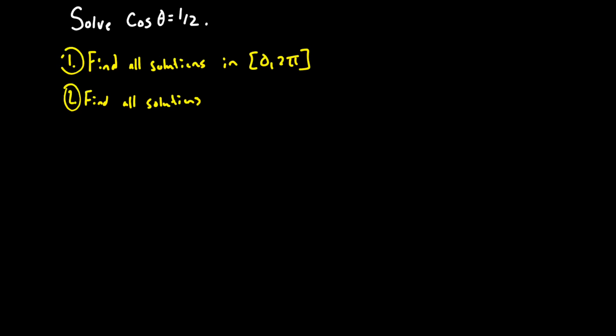For step number 1, let's first start off by sketching a picture of our cosine on the interval between 0 and 2 pi. The graph of cosine on this interval looks something like this. And what we notice is that it appears our graph contains two y values at 1/2. And this tells us that we should have approximately 2 solutions on this interval.